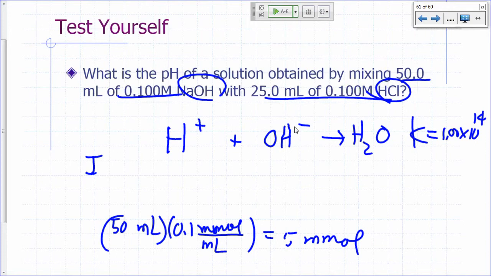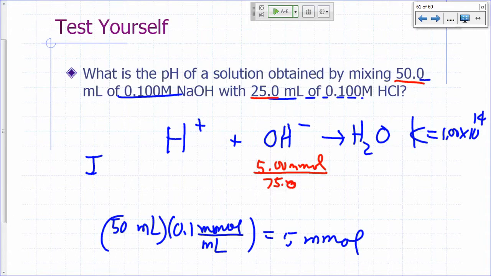That's 5 millimoles of sodium hydroxide, right? So your hydroxide would be 5.00 millimoles over the total volume, which is 50 mL plus 25 mL, 75 mL. That's your initial concentration.